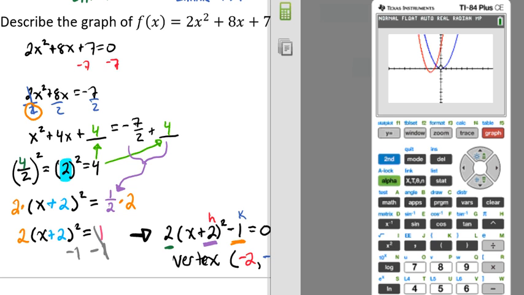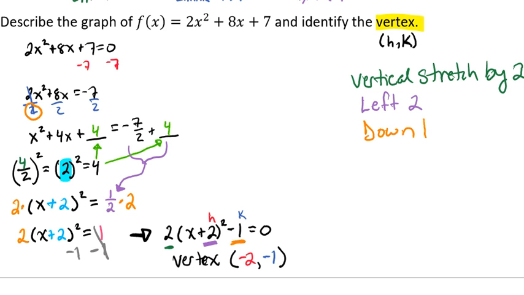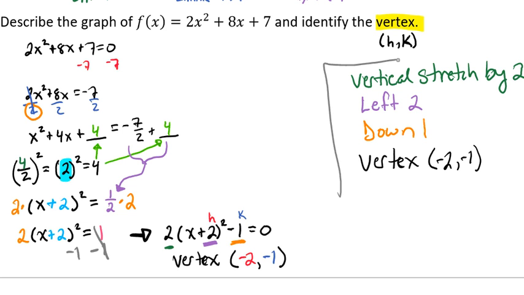It's moved to the left 2 and down 1. And so we see that our description was correct. And so we have our vertex, and we have our description, and so we are finished.